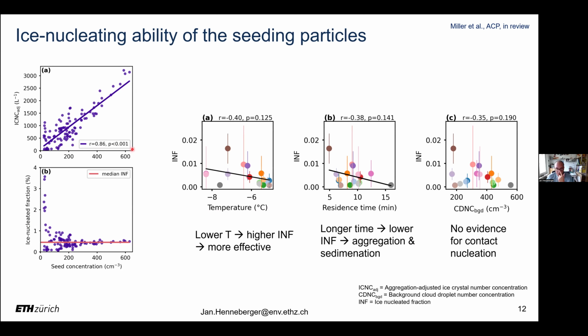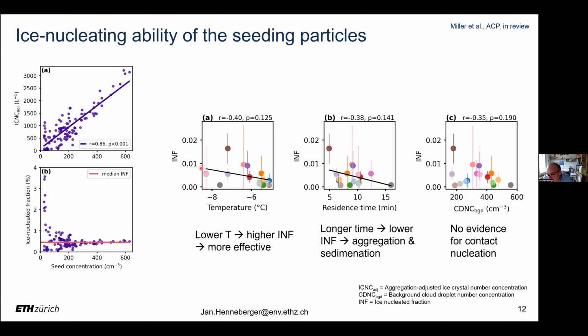And Anna Miller then looked at 15, I think, different experiments and found, yes, at lower temperatures, the ice nucleated fraction gets higher, so the particles are more effective, as expected.